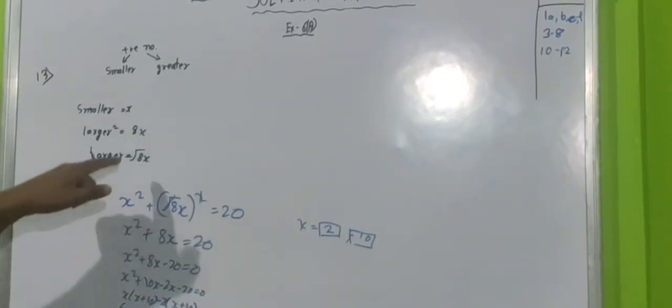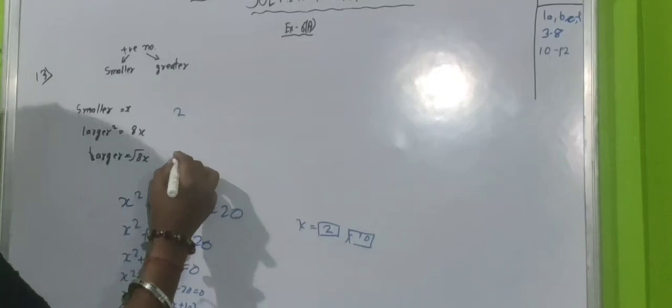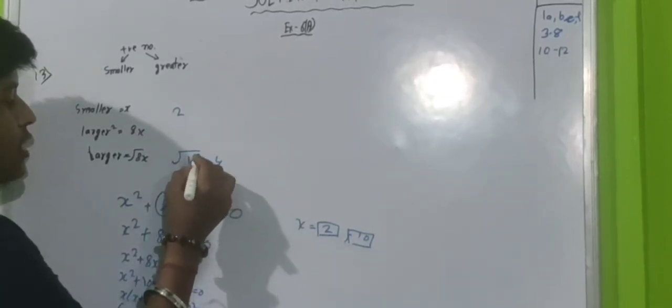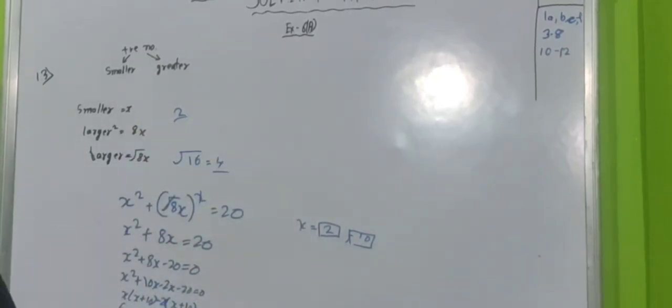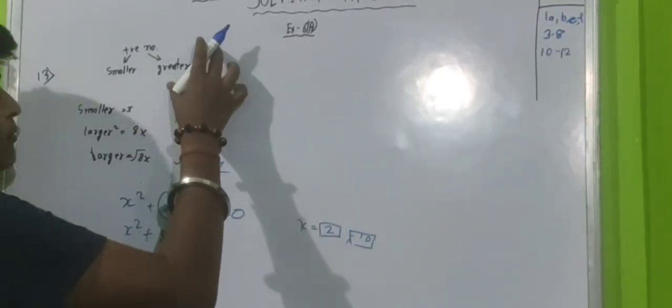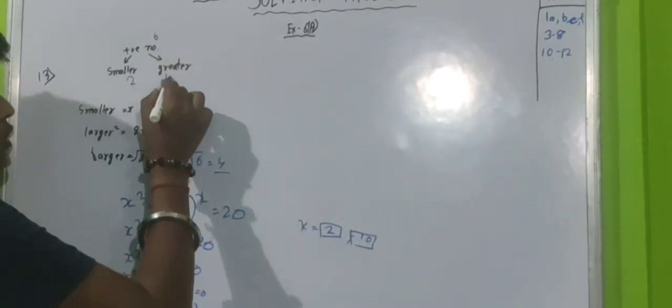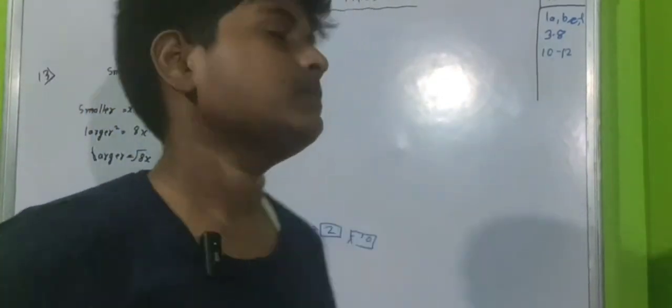So smaller number is positive 2 and greater number is under root 2 into 8, that is 16, so it will be 4. So the larger number is 4 and small number is 2. One is smaller and one is greater. And ultimately the bigger positive number which is split is 6, and these are 2 and 4. You don't have to find this number, but I have told it for your sake.